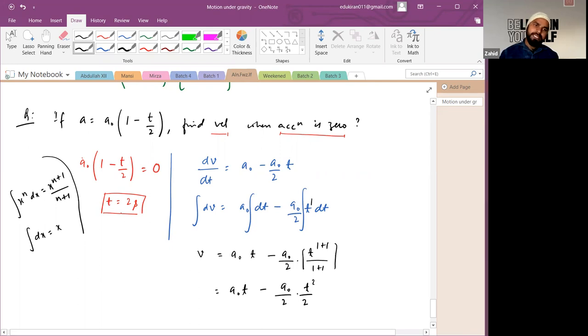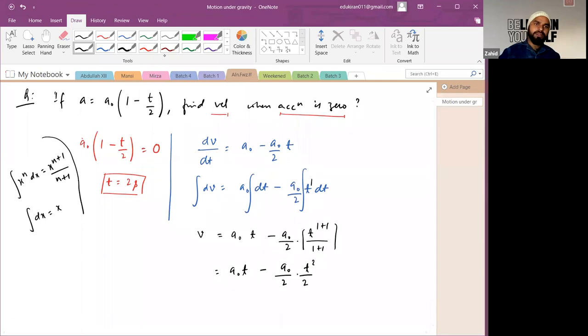We have to put t as 2 seconds in this expression. So on putting t is equals to 2 seconds, velocity will be 2 times a naught minus a naught by 4 into 2 square. So 4 and 4 will cancel out. 2 a naught minus a naught will be just a naught meter per second.